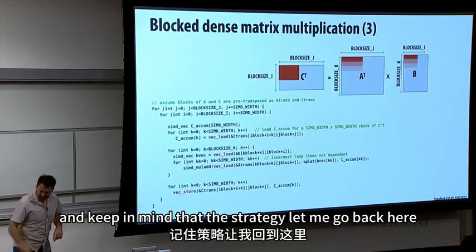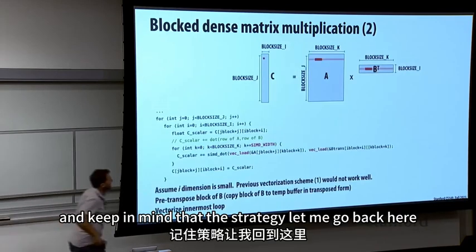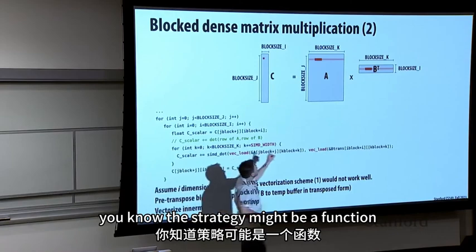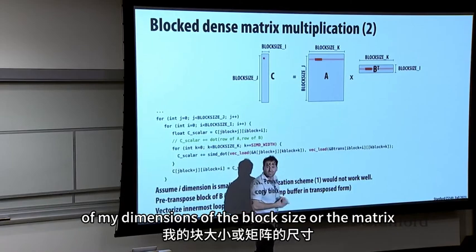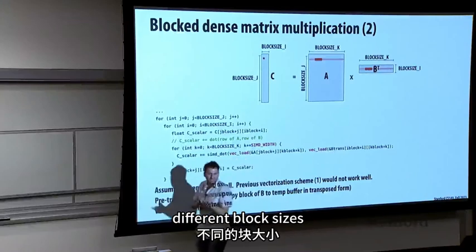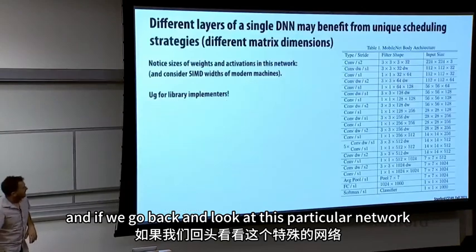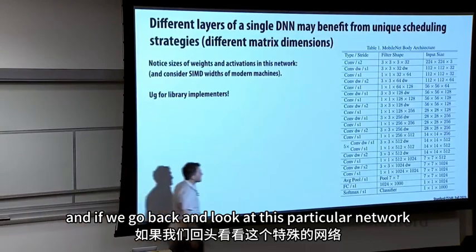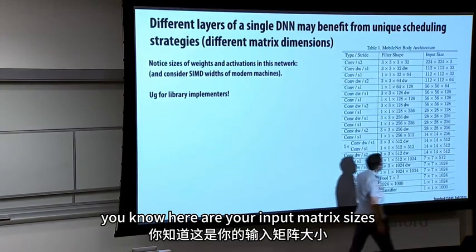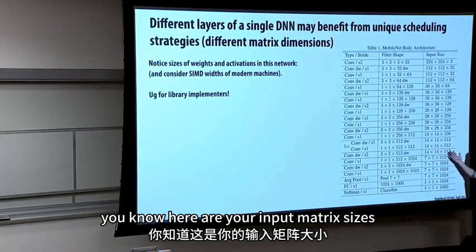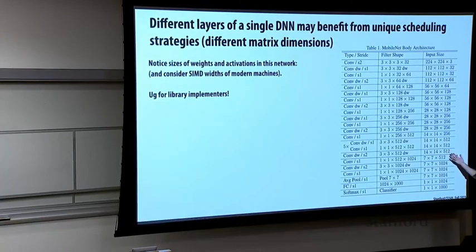And keep in mind that the strategy, let me go back here, the strategy might be a function of the dimensions of the block size or the matrix. Different block sizes might lend themselves to different strategies. And if we go back and look at this particular network, here are your input matrix sizes, and they're all different on every layer.